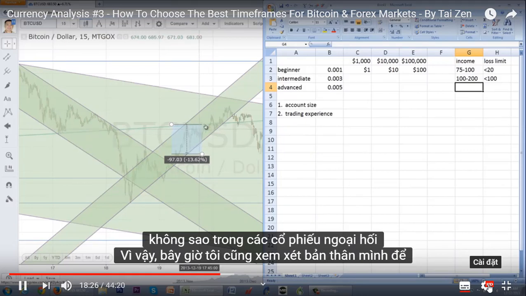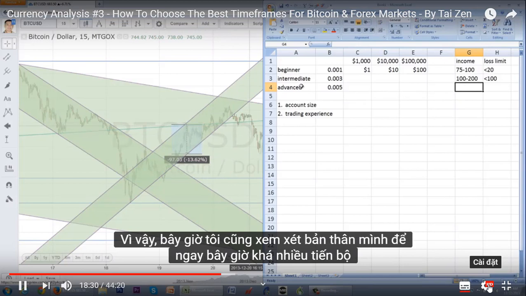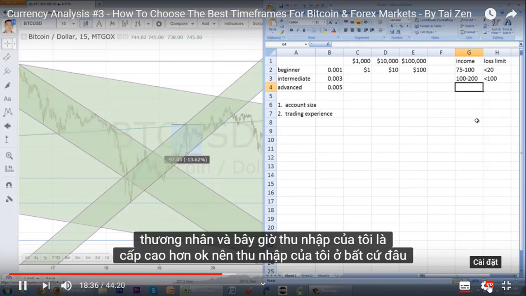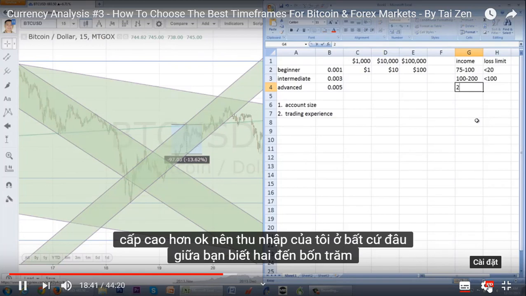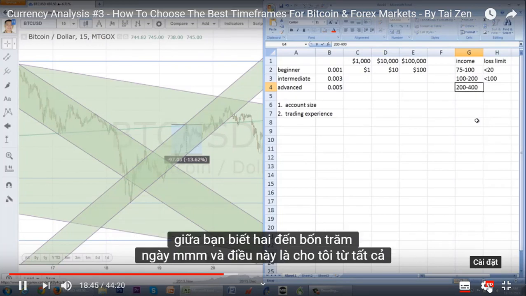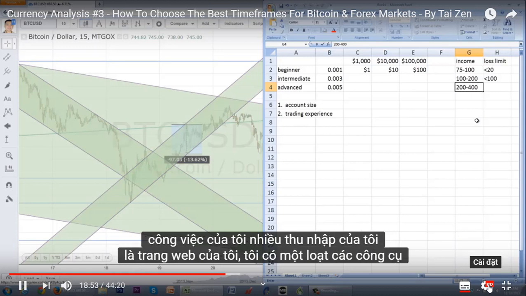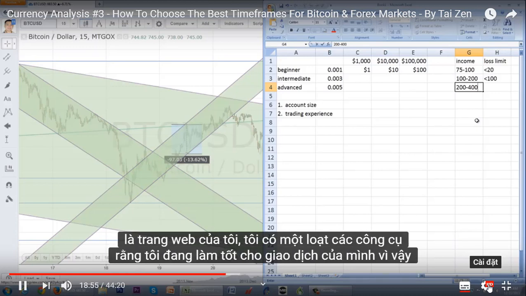So now I consider myself to be pretty much an advanced trader, and my income is at a higher level. My income is anywhere between 200 to 400 a day. This is from all my multiple streams of income, my websites, a bunch of stuff that I'm doing, and from my trading.